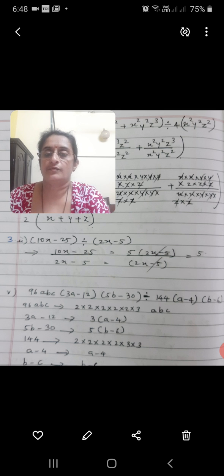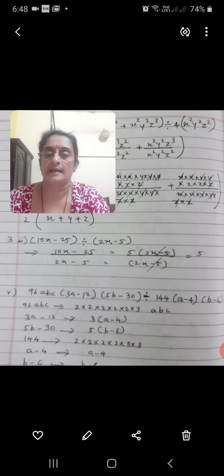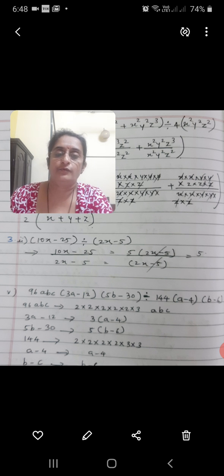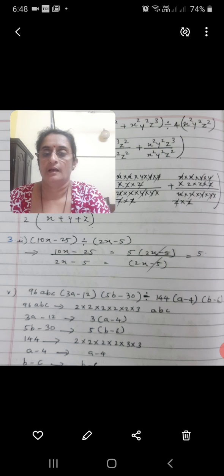The next term is 5b minus 30, take 5 out, the second term will be b minus 6. Now 144, split it, that will be 2 into 2 into 2 into 2 into 3 into 3. a minus 4 you can't split, keep it as it is. The last term, b minus 6, we have to keep as it is.